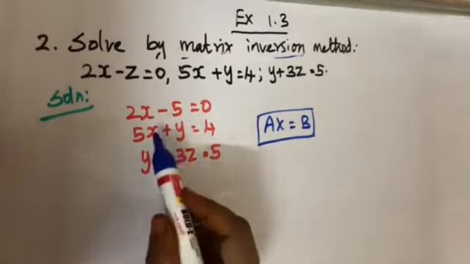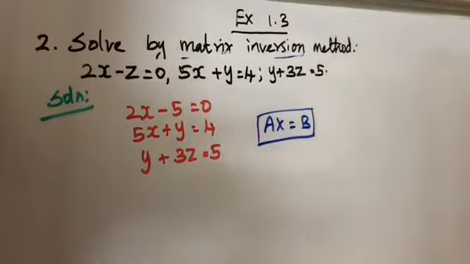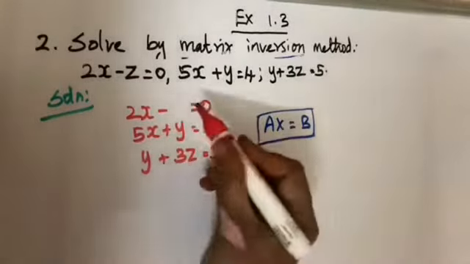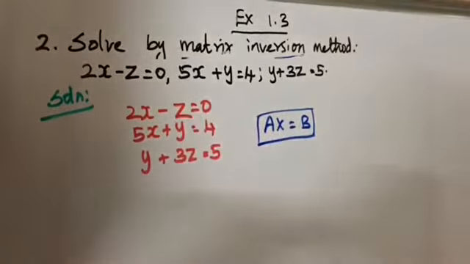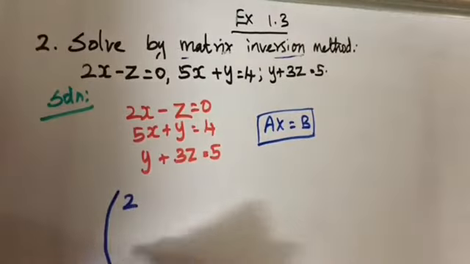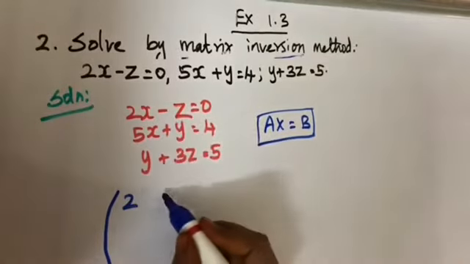Okay. So sorry, it's not 5, it is 2x minus z. So first I'll write x coefficient, it is 2 here, y coefficient. No y coefficient in this equation, so 0.